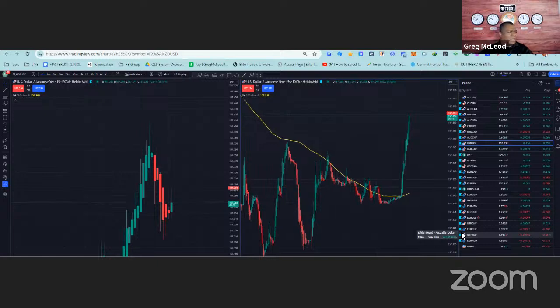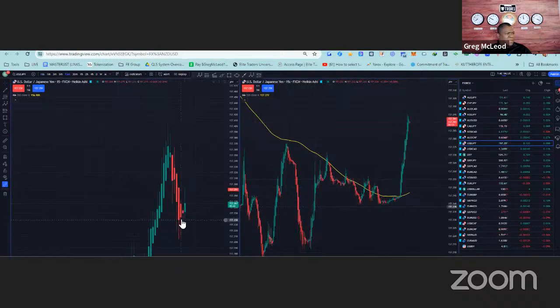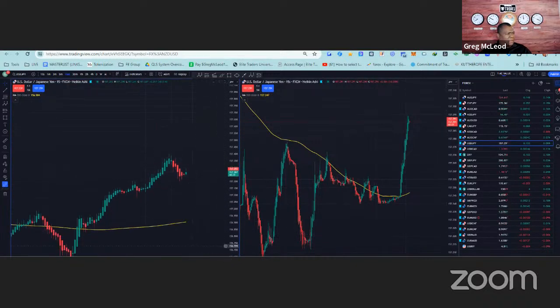157.29. This is the dollar yen. Dollar yen is screaming to the upside on the 15-second chart. If you go down to the 15 minutes, not really moving a whole lot, just one green candle. But we get these long wick candles, reversal candlesticks, right?